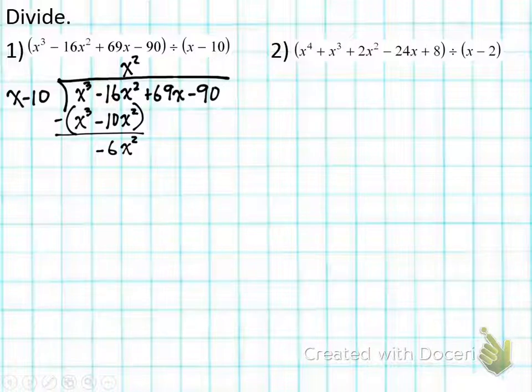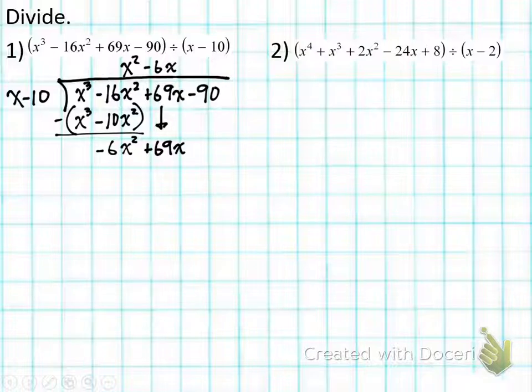Okay, watch up here. Then I have to bring down the next term. Looking up here. Back to here. X times what is negative 6x squared? Negative 6x, okay? So I put that up here, right? Because I have to think x times what is negative 6x squared is going to be negative 6x.